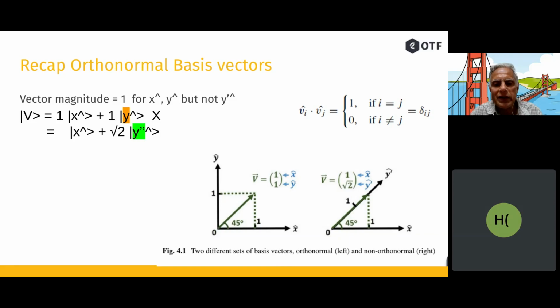Now if you go to the right side, you will find that there is another vector, v prime, which is not v. Basically, it has a component y prime, whose projection is around root 2, and the x component is already there, which is 1.